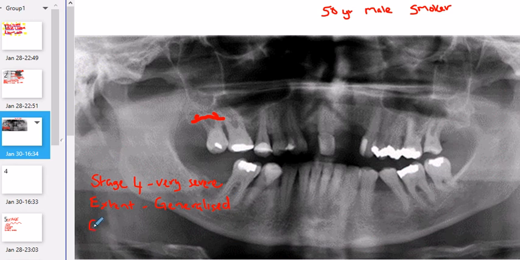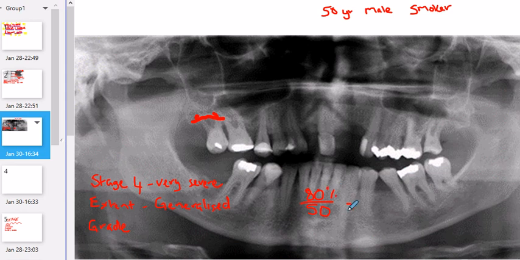Grade. So this is the patient's age. So we'll just go over here. So our patient is 50 years old. I would say the amount of bone loss on that molar is 80% bone loss on the most affected tooth.